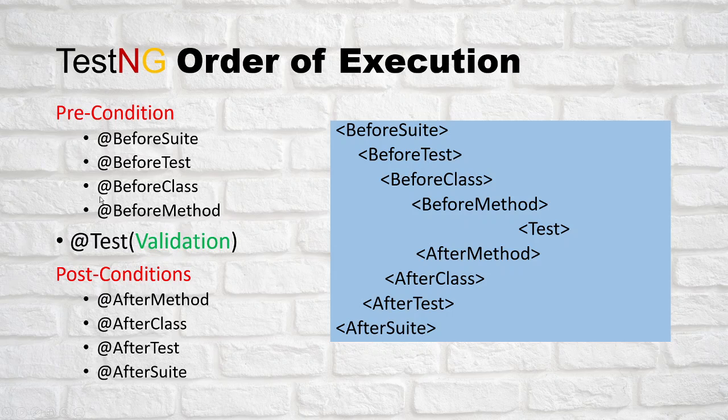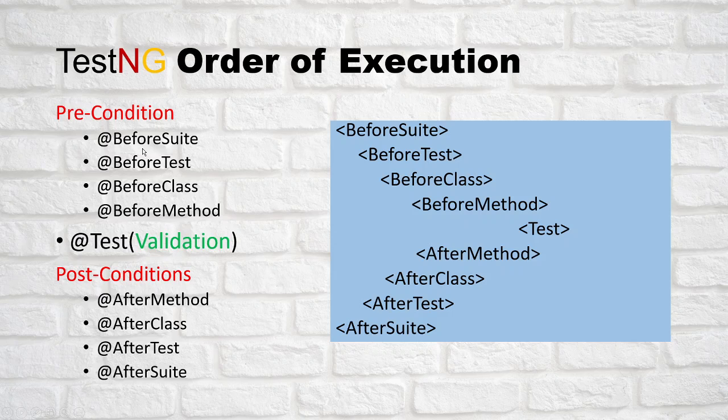Now I have categorized these 9 annotations in different sections. If you see this, I have classified them as precondition, the annotations with the keyword before: before suite, before test, before class, before method. All the preconditions that you have, you use these annotations to set them up.